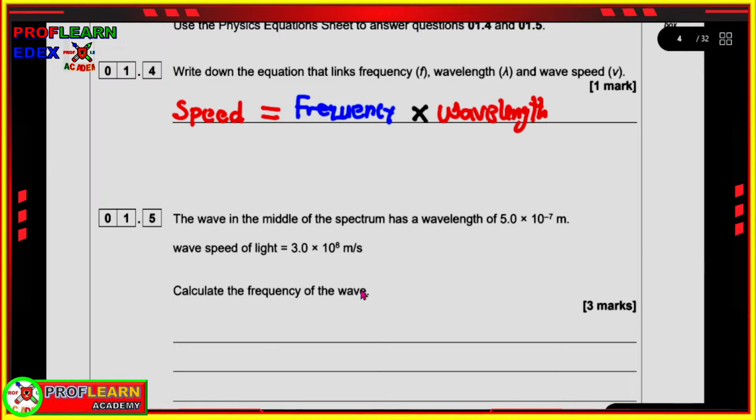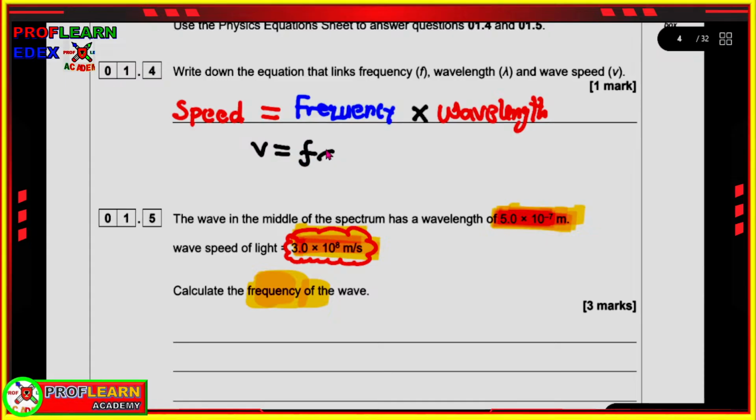Since in this question we are given the speed of light and the wavelength, we are supposed to calculate the frequency of this wave. So we rearrange the equation: V equals f lambda, so frequency is equivalent to V over lambda.